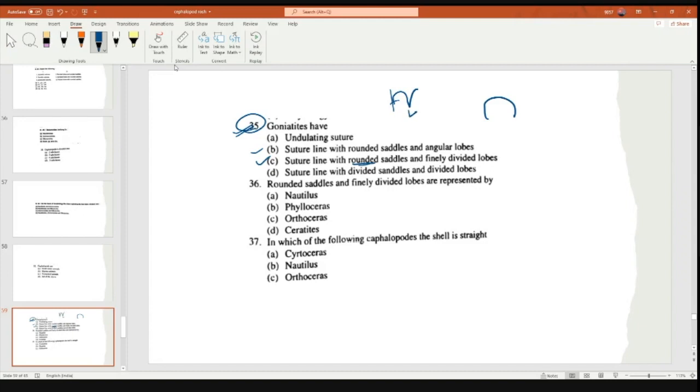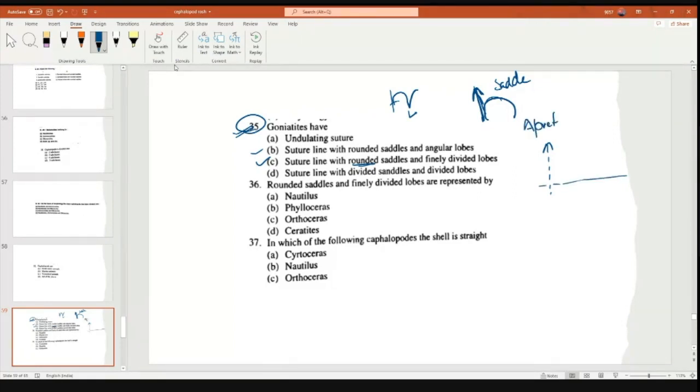So what is B? Suture line with a rounded saddle. This is the saddle, which is rounded in nature. What does this line depict, guys? Towards the aperture, ma'am. Yes, this line shows the aperture, and just behind it is the protoconch.